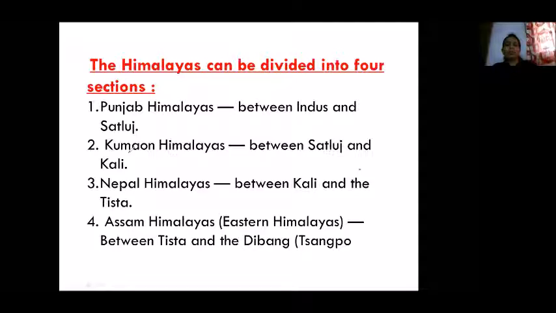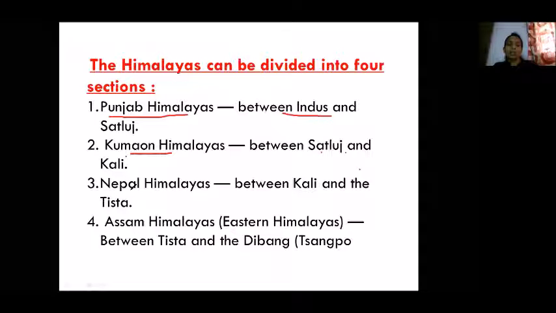These are the divisions from west to east. In the earlier part, we saw the divisions from north to south. The same Himalaya is divided in two ways: one from north to south, and this one from west to east. At the west is the Punjab Himalaya, between the Indus and Satluj rivers. The second division is the Kumaon Himalaya, between the Satluj and the Kali river.